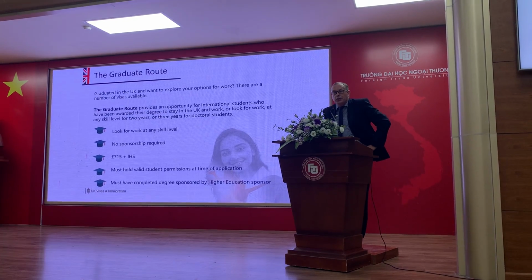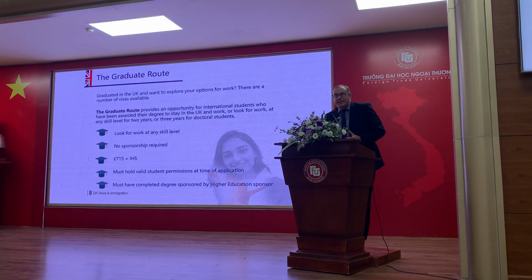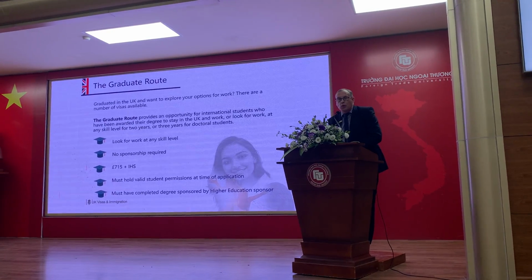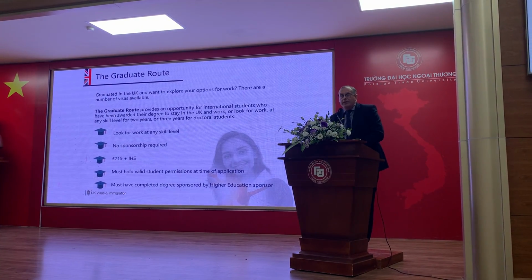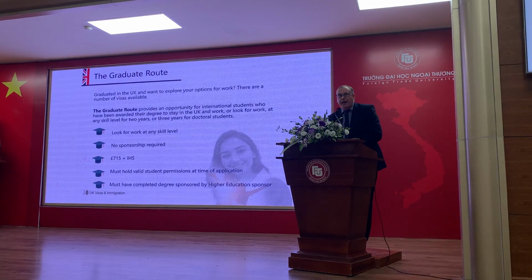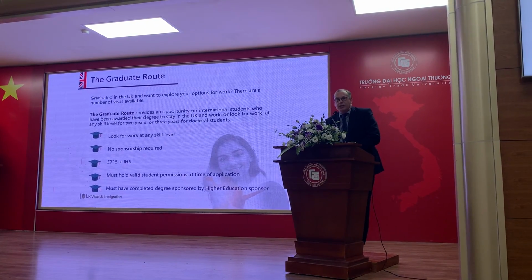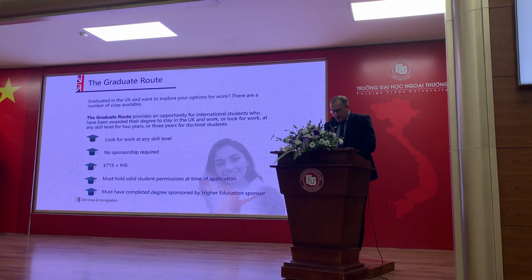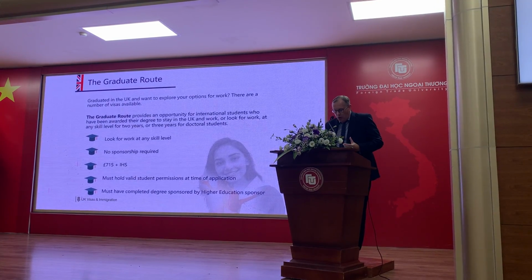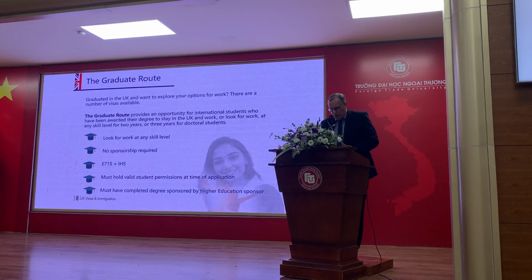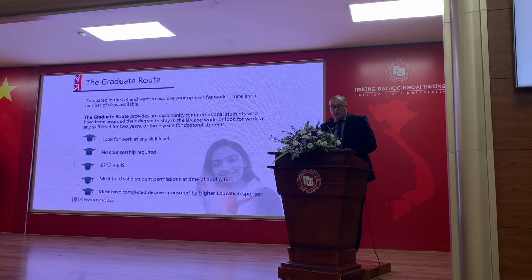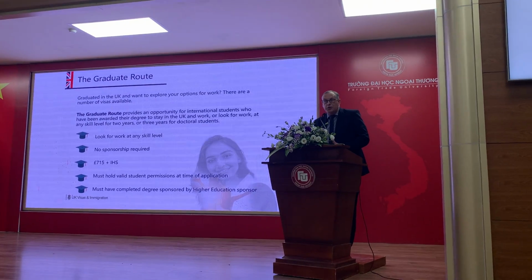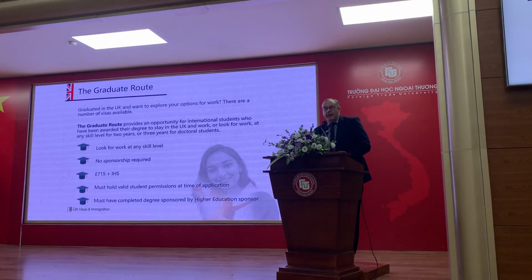Many of you will obviously be interested in applying as a student. There are a number of routes now available, and the UK is hugely proud of the fact that last year we introduced the graduate route. On the 1st of July 2021, the Home Office introduced the graduate route, which significantly improves on the previous offer for international students, and it enables students to stay in the UK to work.